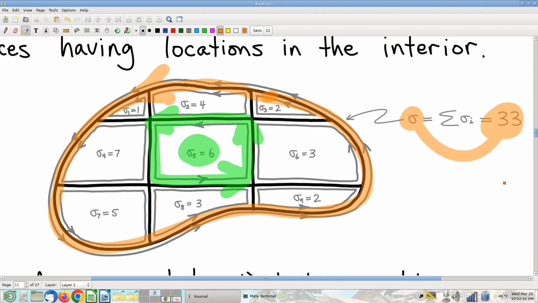How much of the orange line integral happens in the green region? Well, 6 of the 33 is happening in that green region. And it's a perfectly reasonable question because the green solid is literally part of the orange solid.